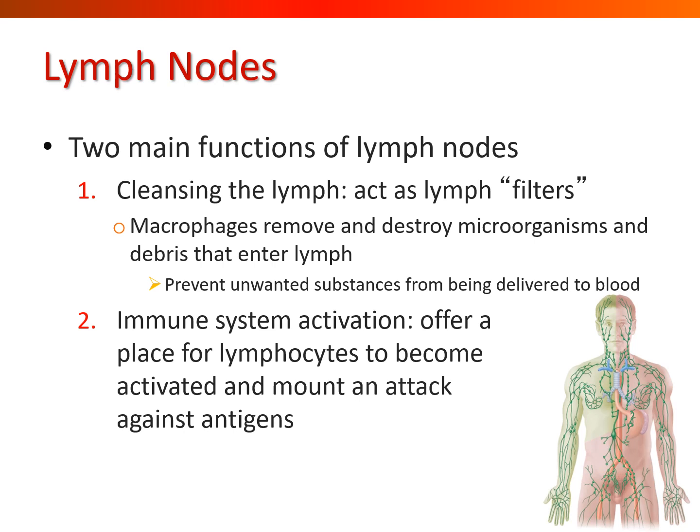So immune activation is where the lymph nodes are going to introduce the B cells and the T cells to some pathogen or antigen that has made its way inside the body. So it offers a place for the lymphocytes to become activated and to mount an attack. So the lymph nodes are a place where we're going to do surveillance and response, just like what we talked about in the spleen.